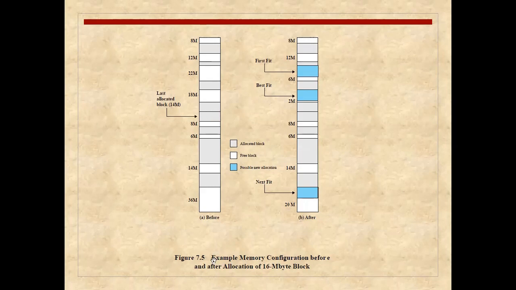Now look at this example memory configuration before and after allocation of a 16 MB block. Now we want to allocate a 16 MB process here. So where can we put the 16 MB block in the memory?